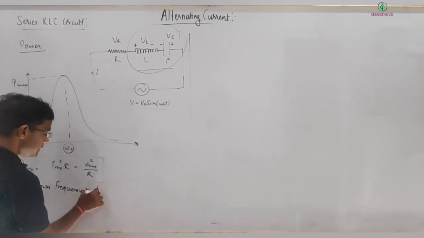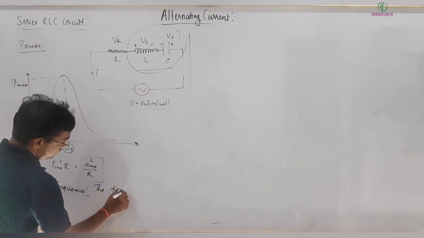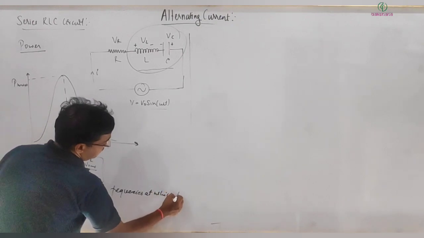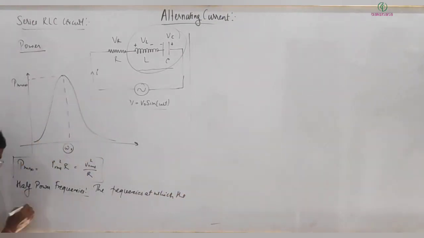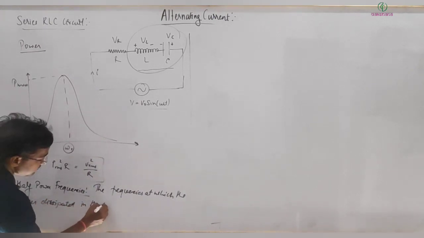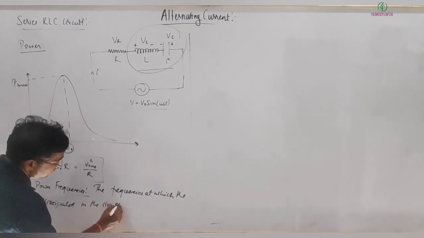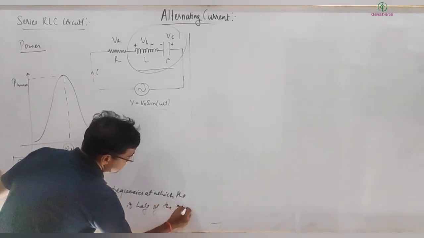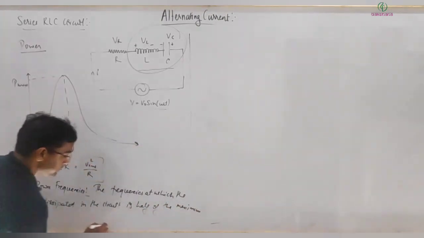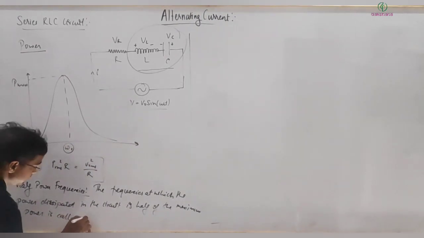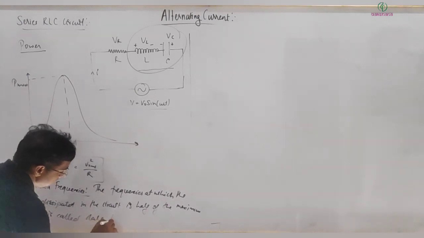So half power frequencies are the frequencies at which the power dissipated in the circuit is half of the maximum power.